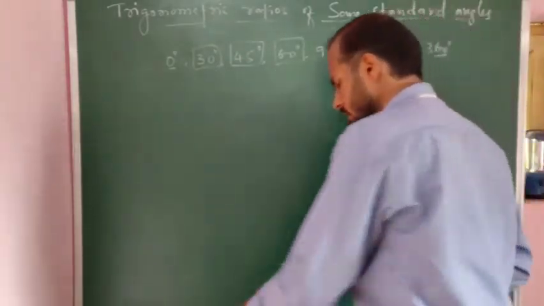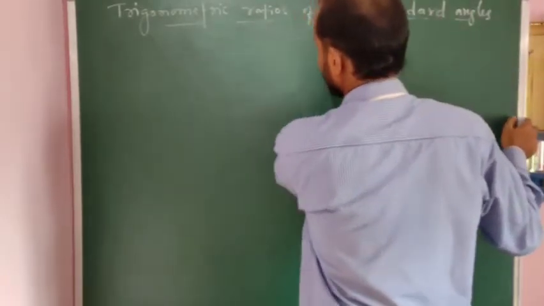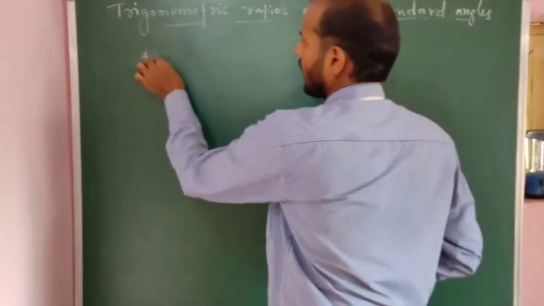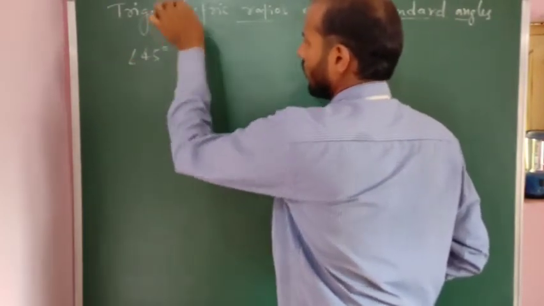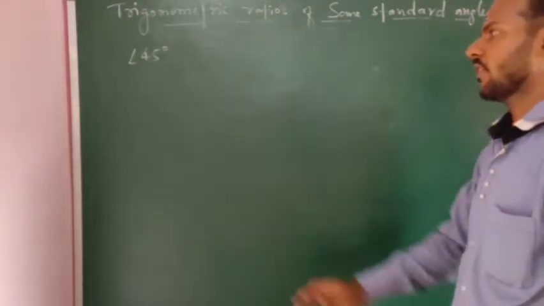Let us consider first 45 degree. First we have to find the trigonometric ratio of 45 degree.